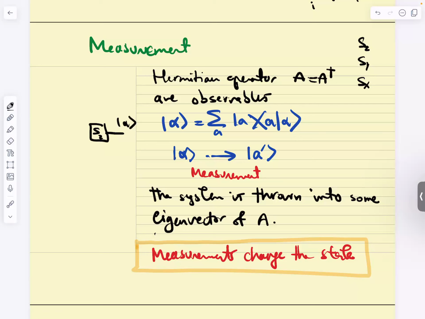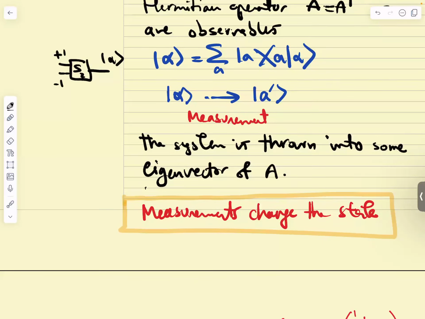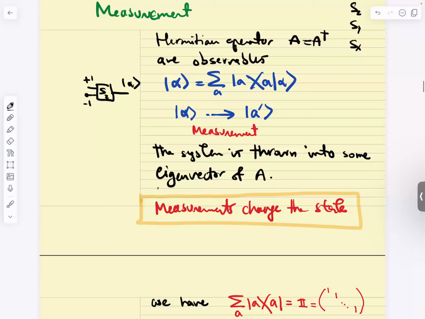So alpha comes in, +1, -1. Let's say we consider +1 here. Now, in our description, the state should be thrown into ket 0, right?